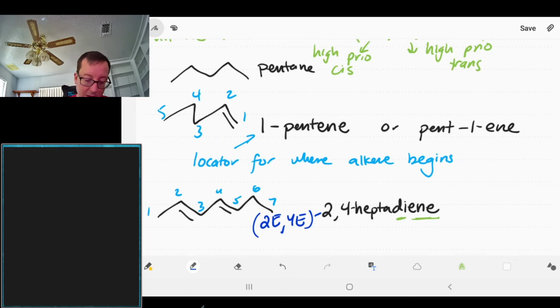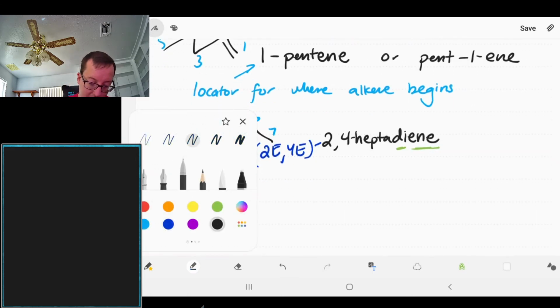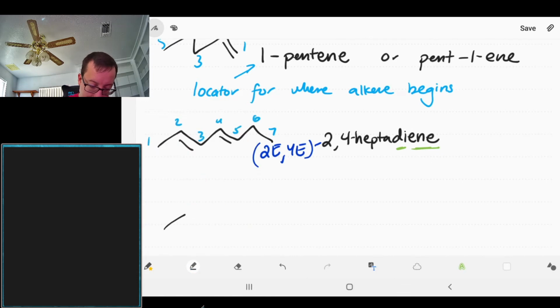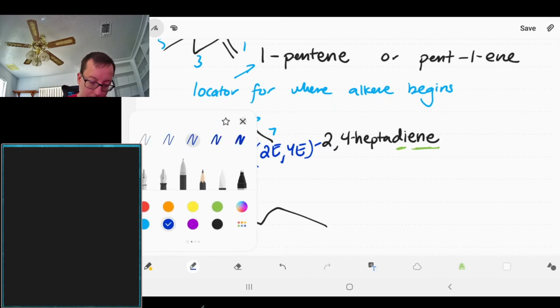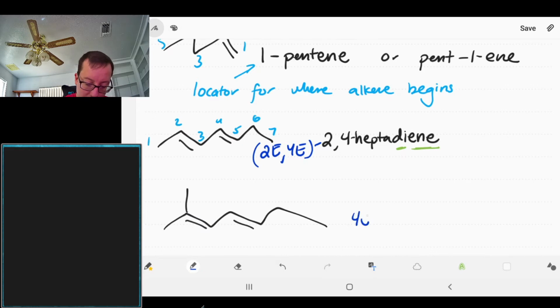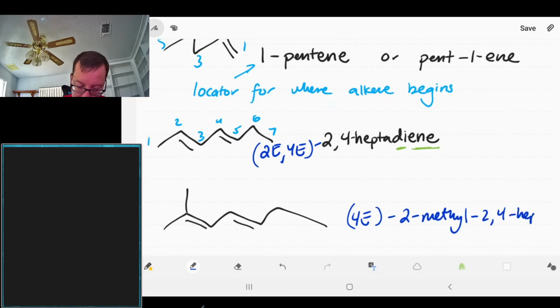Same thing, by the way, if we had something like this. We would have to name this 4E-2-methyl-2,4-heptadiene.